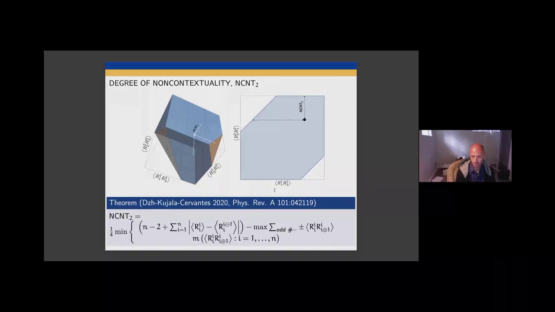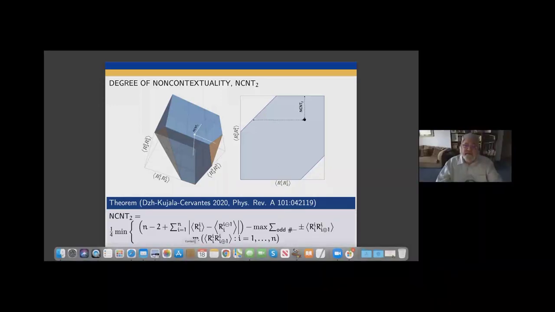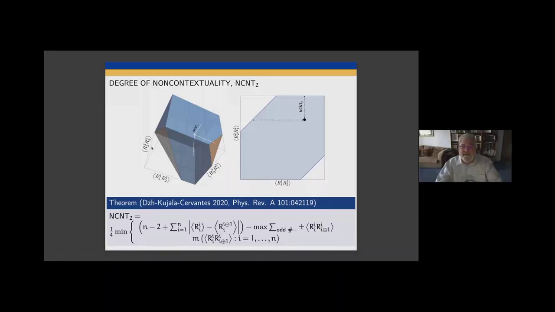So I'm wondering how general this trick is. Does it apply beyond cyclic systems? So you are talking about representing the axes of this box as probabilities rather than expectations. That's what you're asking. Yeah, right.